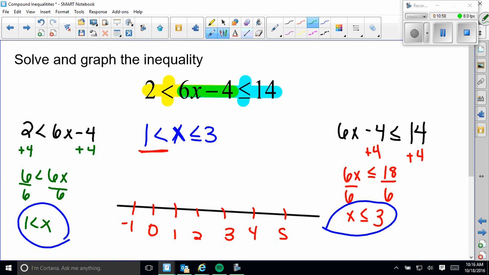Knowing that it's just less than, we know our circle has to be open, and the x values are anything greater than 1. And then we have x is less than or equal to 3. Knowing that it's less than or equal to, our circle has to be closed, and the x values are less than that. So our solution would be anything between 1 and 3, not including 1, but including 3. So that's how you solve that inequality.